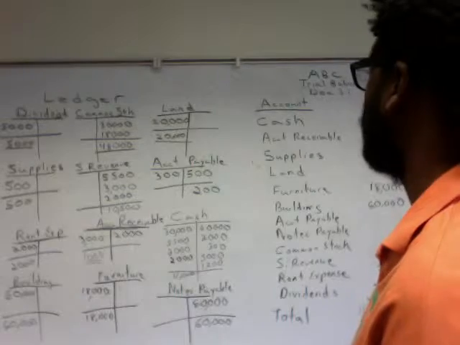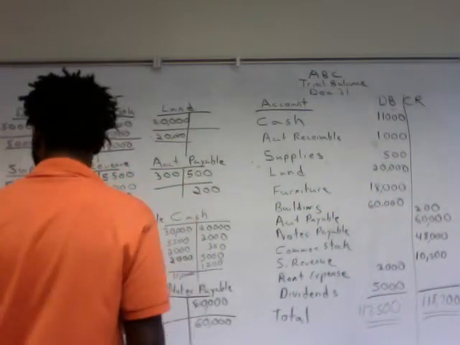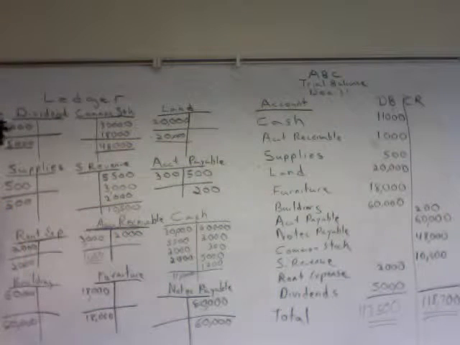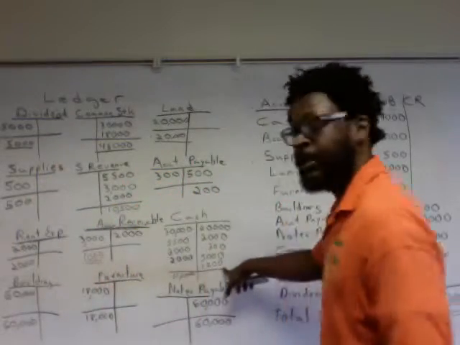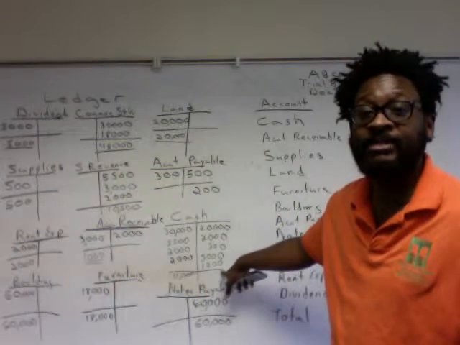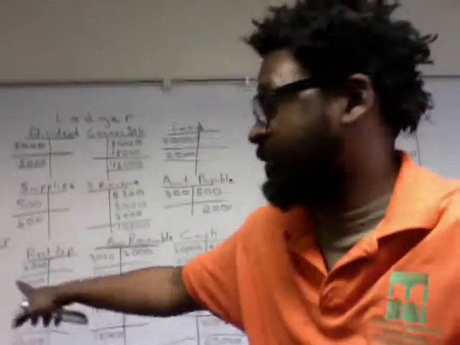And so what we would have to do is create a salaries expense account. Because this $1,200 came from salaries expense. We paid salaries expense. And so I didn't create the salaries expense account.